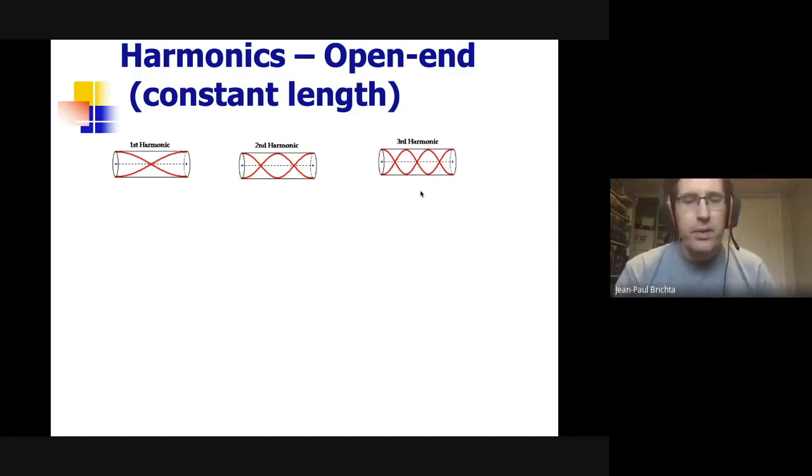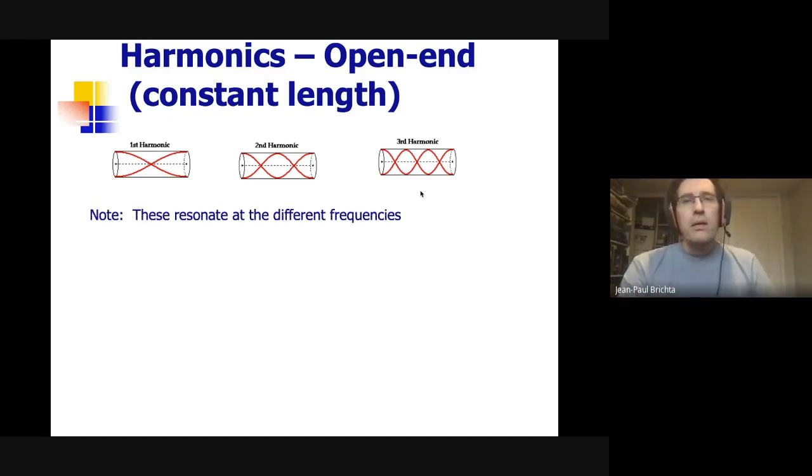There's a couple of ways to do it. So these different shapes correspond to, if we keep the speed of sound the same, we're not blowing any faster, then these 3 resonances will actually be 3 different frequencies, 3 different notes.